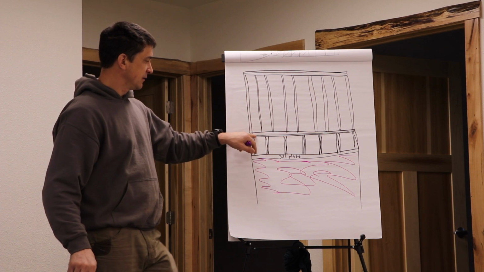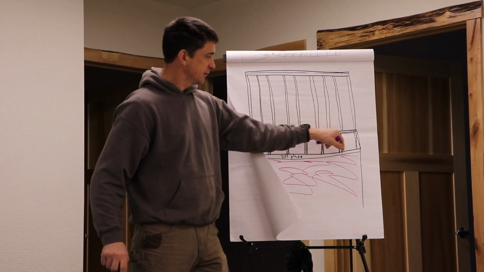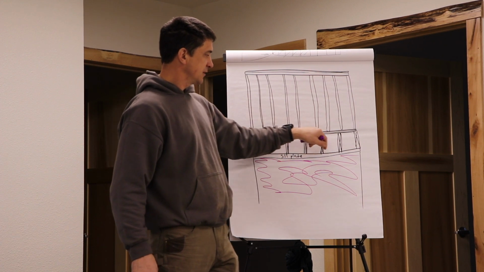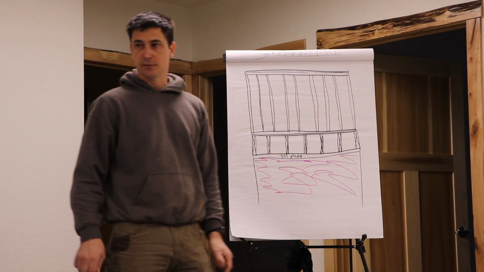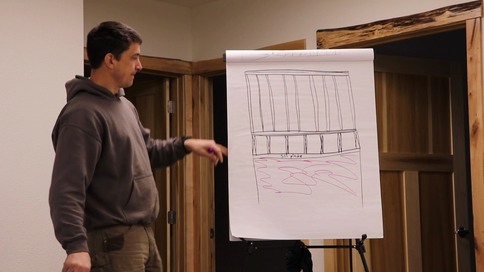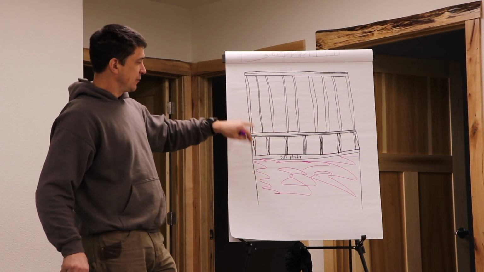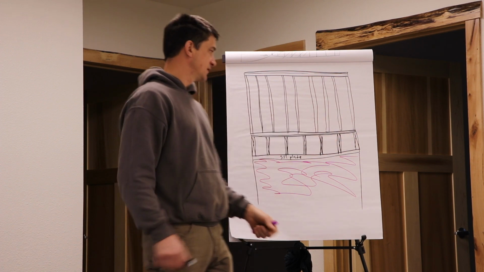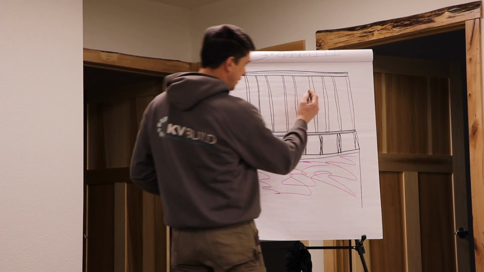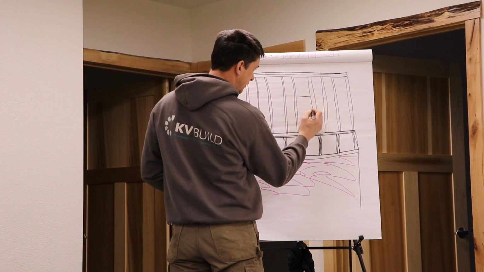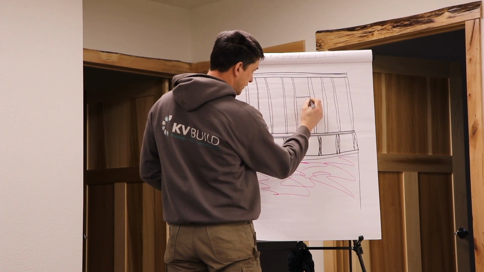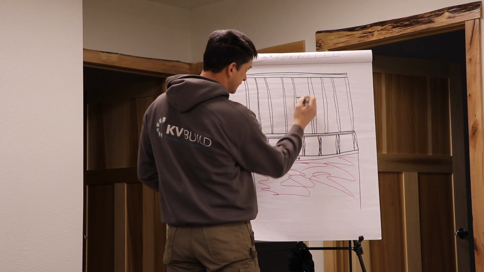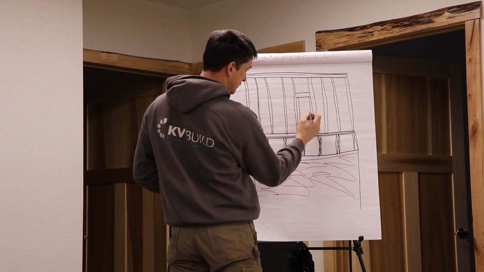On top of that, we have our floor sheathing. On top of our floor sheathing is the bottom plate for our wall, okay? On top of the bottom plate, we have all of the studs. And within the studs, if we put a window opening in here, we would get studs supporting our header.